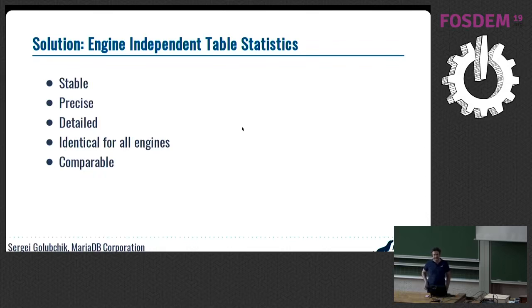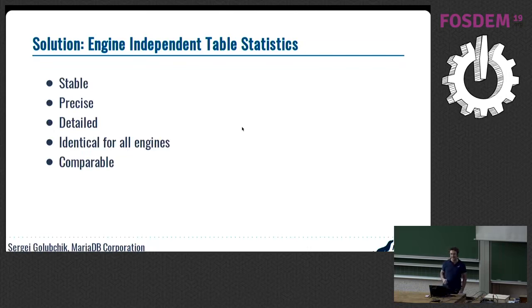It's precise because MariaDB analyzes all the data, not just a very, very small percentage of the data. So it gets a very good representation of what the data is, and statistics is actually close to the actual data. It's detailed because this engine-independent statistic remembers a lot more information than just cardinality, than just one number. So it allows the optimizer to know more about the data and create better execution plans.